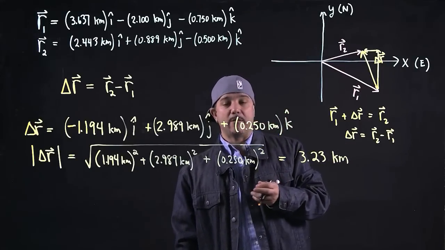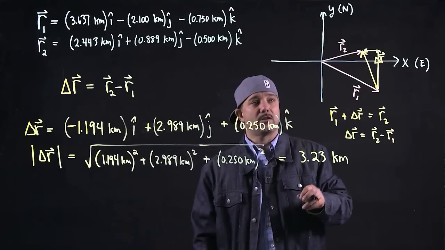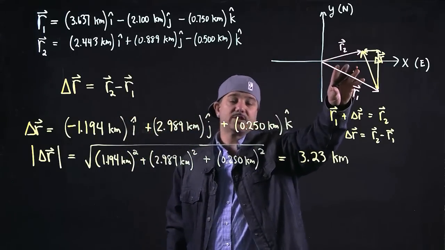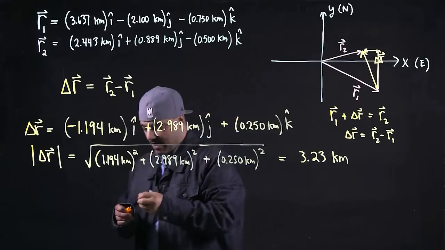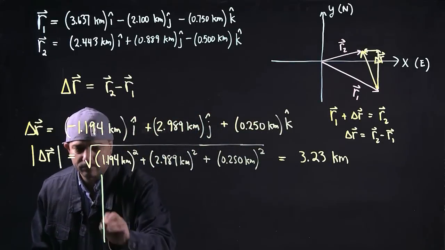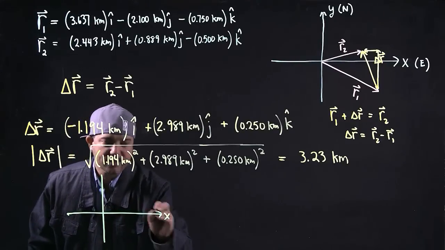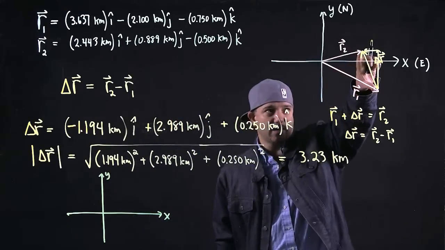Okay. Now we want to actually compute the exact angle. So what I'll do over here is redo this sketch, but I'm only going to focus on the displacement vector. I'm not going to write anything else out. So coming over here, here's our x, here's our y, and I'm only going to focus on the displacement vector.